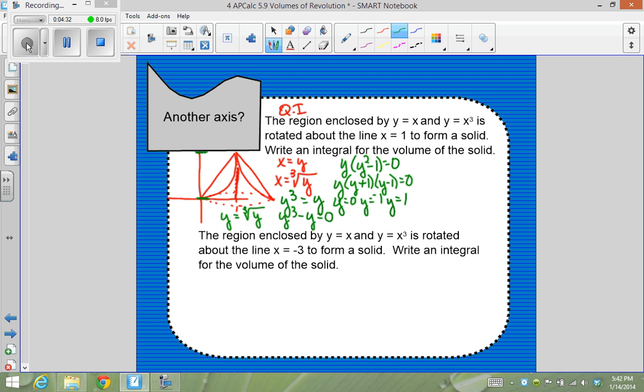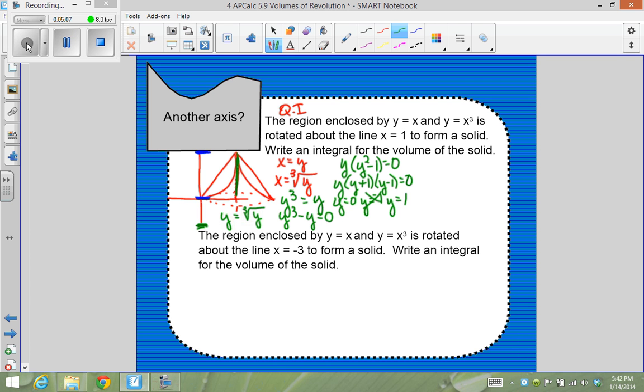But the negative 1 doesn't make any sense because I'm not going down here at all on my graph. So my y value is going to be going from 0 right here to the 1 right here. So those will be the bounds on my integral. Sorry about that, I was making it harder than I needed to.